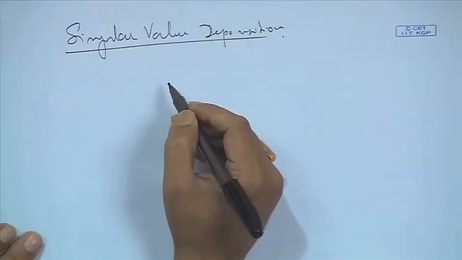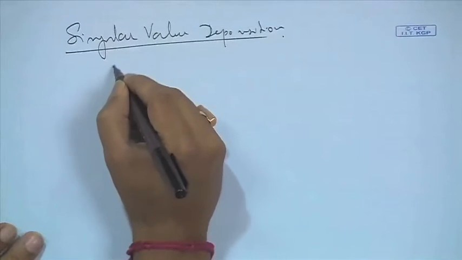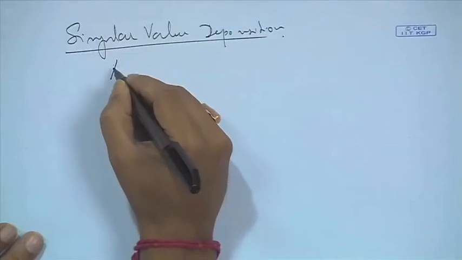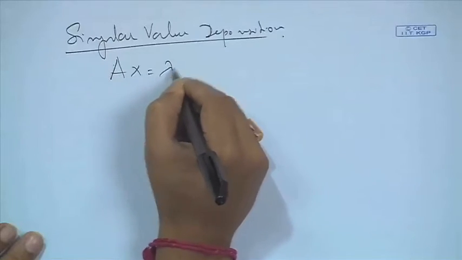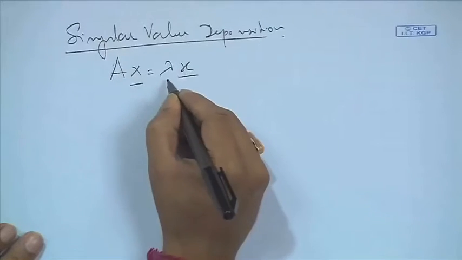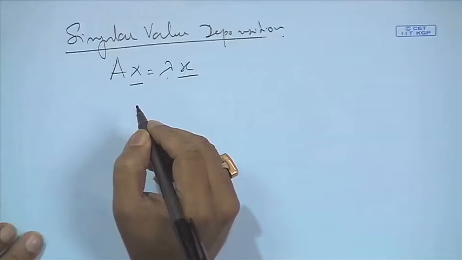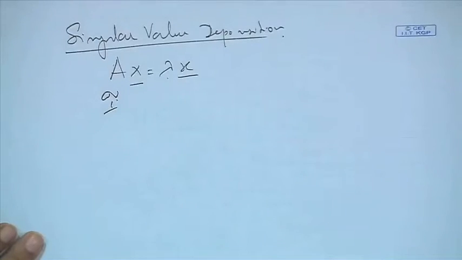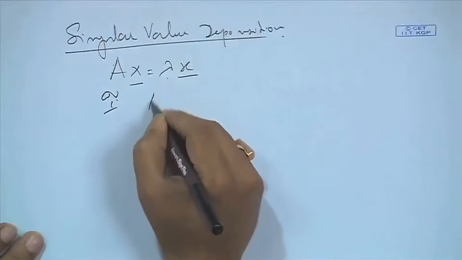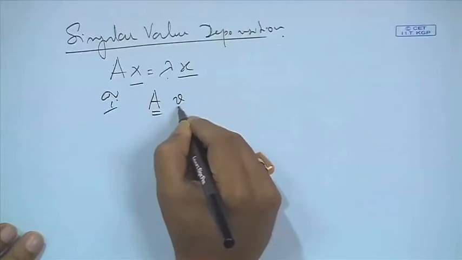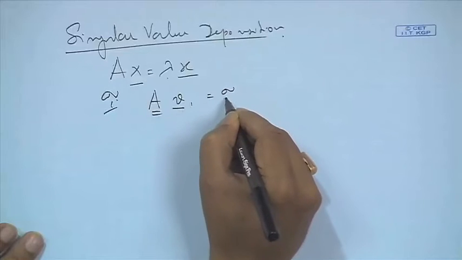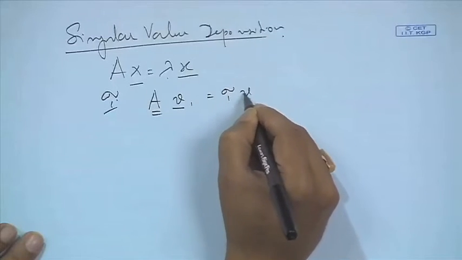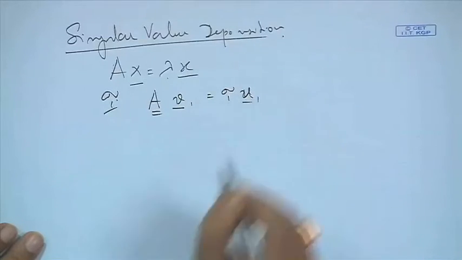Singular value decomposition. So as we have said, you could write A x is equal to lambda x. That means these are eigenvectors, and this is an eigenvalue of the matrix A. Consider sigma i's as the singular values of A. So if these are singular values of A, you could write matrix A times v1 is equal to singular value sigma 1 times the vector u1.